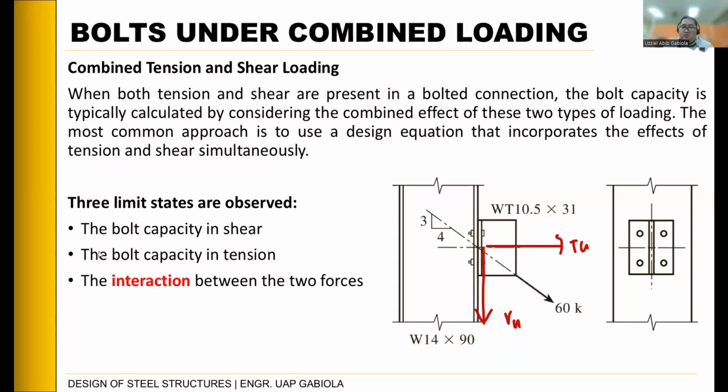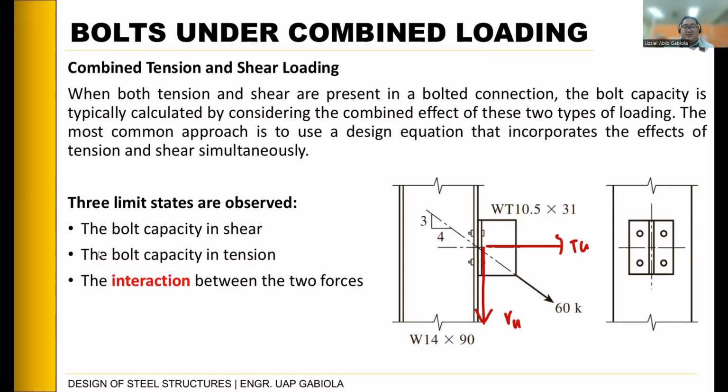Okay? So to consider daw the effect o yung interaction ng mismong dalawang loading natin, which is tension and shear, again, check natin yung limit state ng bolt shear capacity, bolt tension capacity, and yung tinatawag natin interaction between the two forces. So ano daw yung interaction between the two forces?